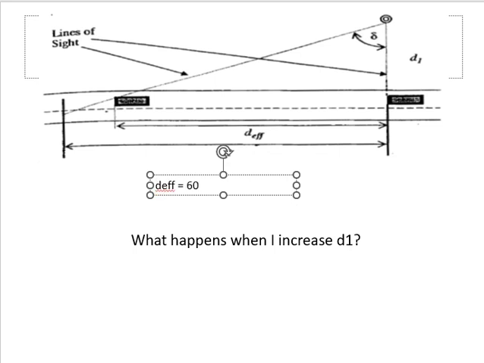Which 60 is this? D1. And which 60 is this? The angle. By coincidence, the angle and the distance both are equal in this case. So how much is D effective?